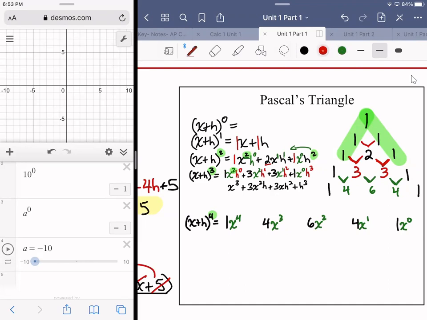And then I would work from right to left, starting with an h to the 4th, h to the 3rd, h to the 2nd, h to the 1st, h to the 0th. Pop in some plus signs, simplify just a smidge.